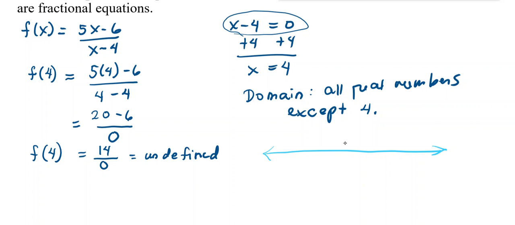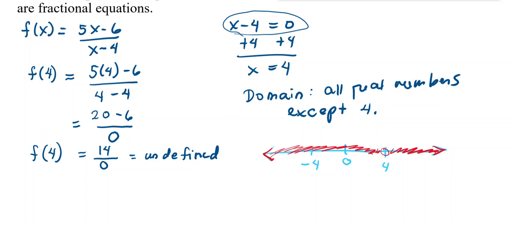So in this case, if we want all real numbers except 4, and then let's say this is 0, and this is negative 4, and this is positive 4. We want all the numbers in the real number line except for this part right here. So we're going to shade all of these to the left of 4, including the arrow because it's continuous, and to the right of 4, except 4.